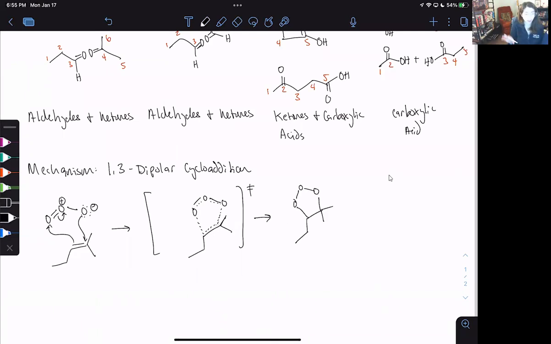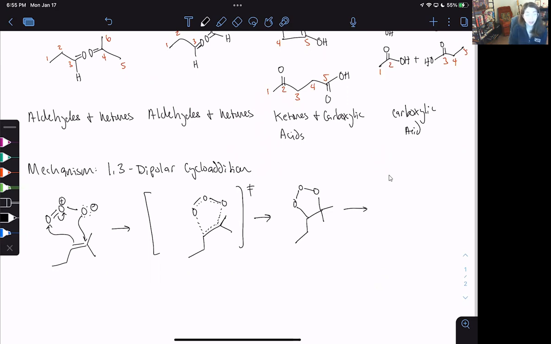Okay, I got it fixed so that my bond angles are not insane anymore. Okay, so now this is, I think it's a malozonide or something like that. The names for this are kind of crazy. But now you see we've added some carbon oxygen bonds. We've gotten rid of the pi bond because we had to use that in the reaction.